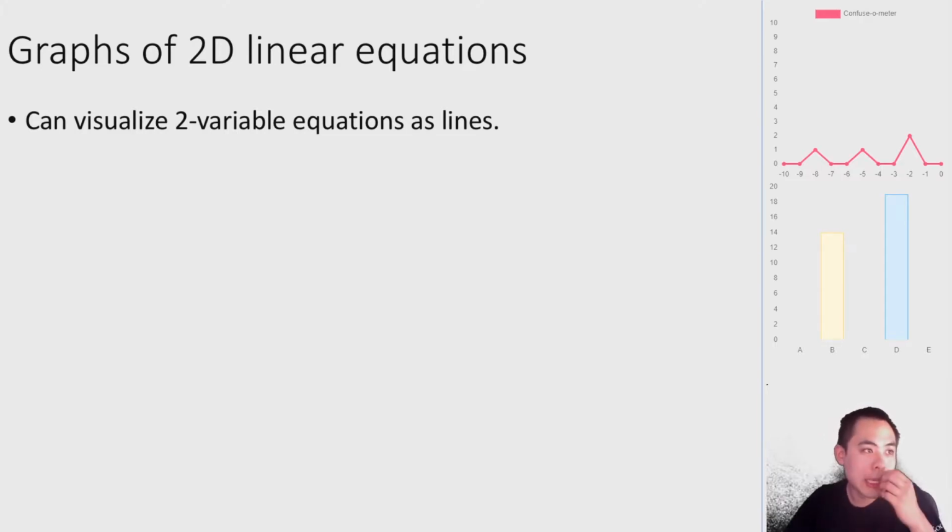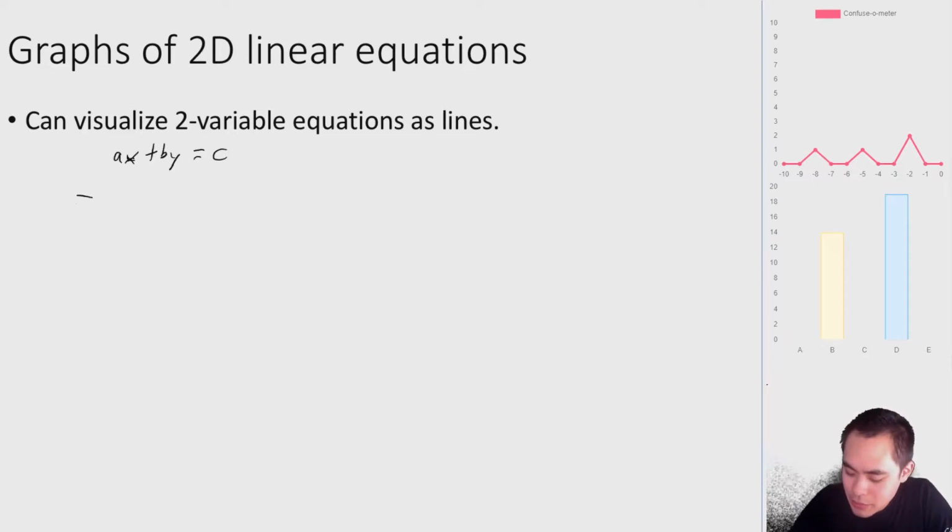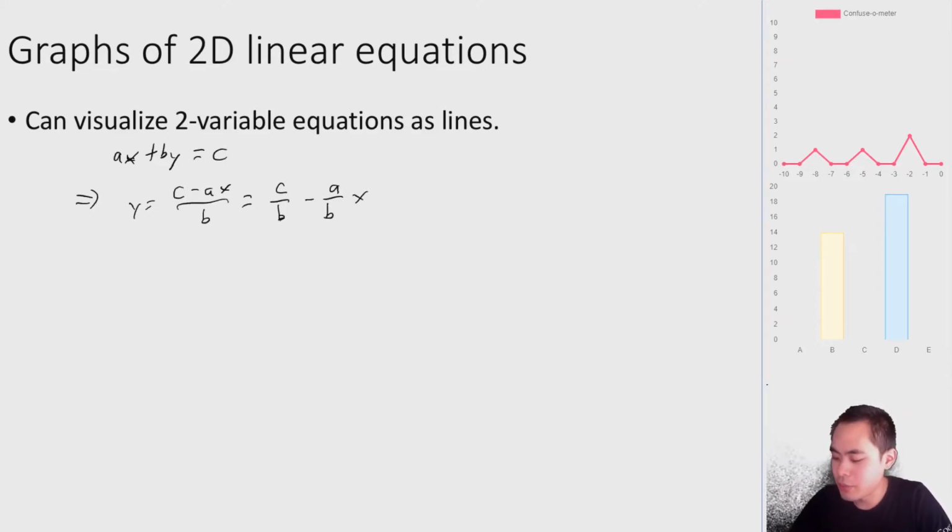So let's say you had some ax plus by is equal to c, because those are our two variable equations, right? This implies that y is equal to c minus ax over b, which is just equal to c over b, which is the y-intercept, minus a over b x, where minus a over b is the slope.